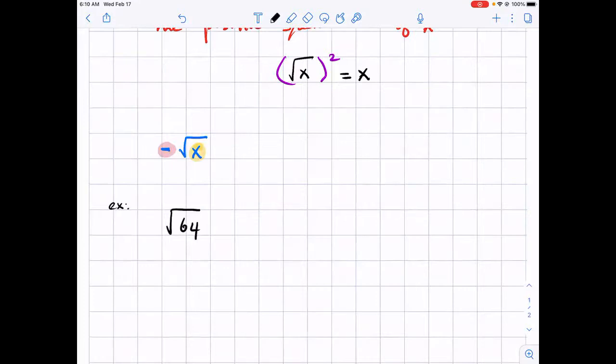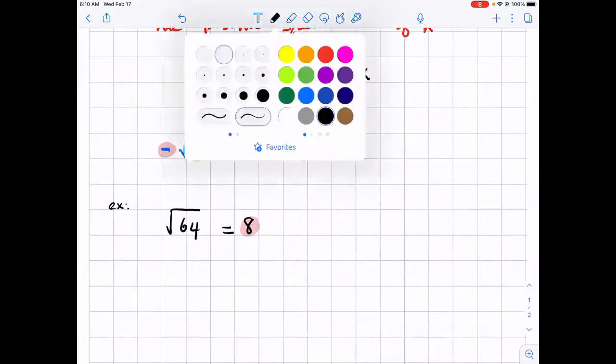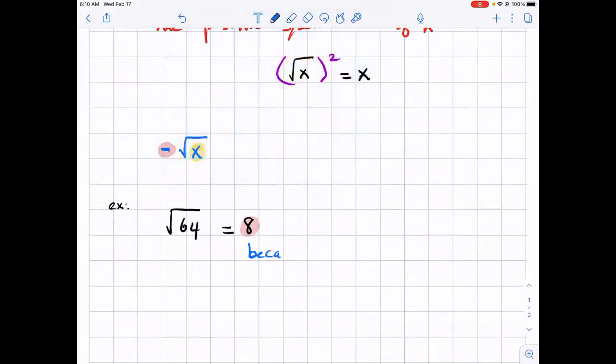This would be 8, because if you take 8, which is a positive number, and you square it, meaning 8 squared, that is equal to 64.